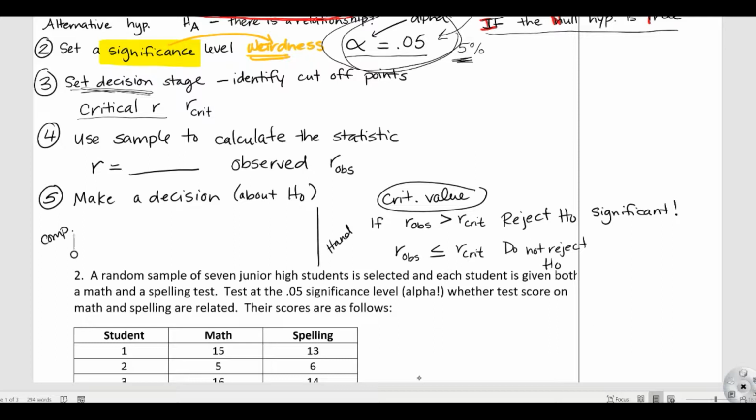So we never say that we accept the null hypothesis, that there is no relationship, because maybe we just didn't find it. Maybe something went wrong somewhere and we just didn't see it. We didn't have the right people, or it's a really small relationship, and so we need lots of people to see it. So we would just say, in this case, our evidence is not strong enough. We do not reject the null hypothesis, and we call this not significant.